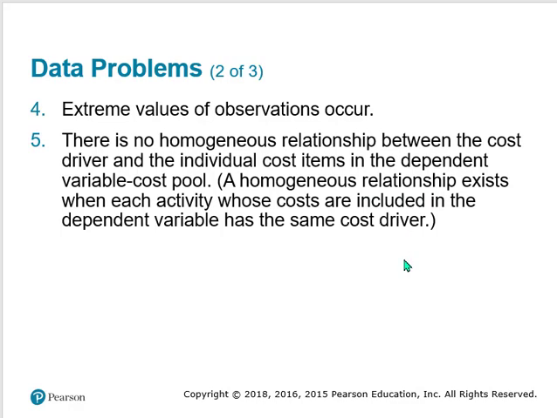So you've got a variable cost pool, and some of the costs in there have different drivers. That's a problem. So the solution then would be that the analyst would estimate costs separately for each activity or estimate the cost function with multiple independent variables using multiple regression. Multiple regression would resolve it.